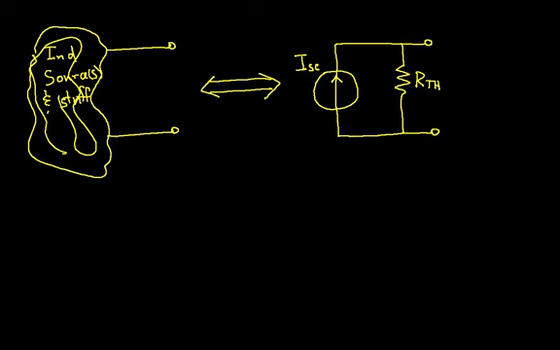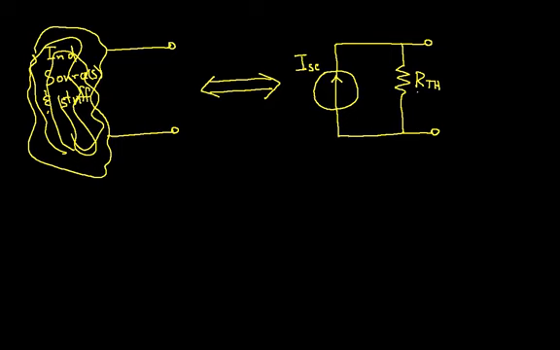Now this is very similar to the Thevenin equivalent, where all of this stuff over here was equivalent to a voltage source in series with a resistor. And you'll notice that we use the same terminology for the current source and the equivalent resistance as we did in the Thevenin equivalent circuits.